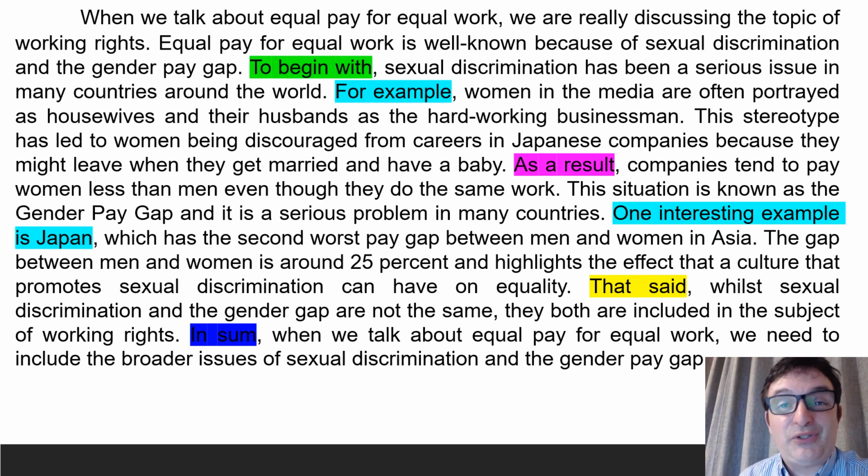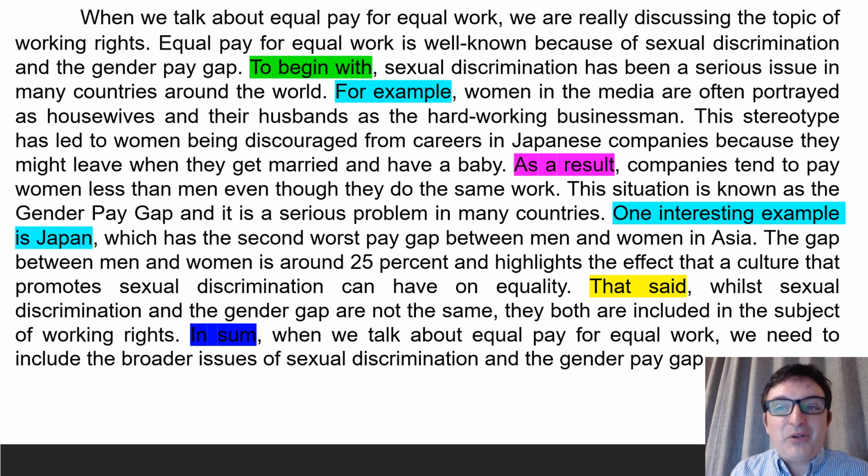And the result of this stereotype, the purple highlight, the result of this is women are paid less than men. And this situation of getting paid less than men based on sexual discrimination results in the gender pay gap, which is also a serious problem. And then I go back and give an example of the gender pay gap, because I think perhaps most people don't know what that is.